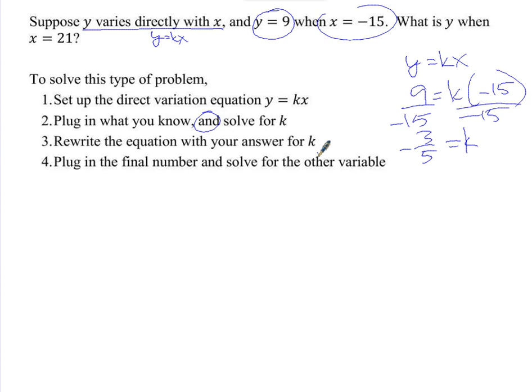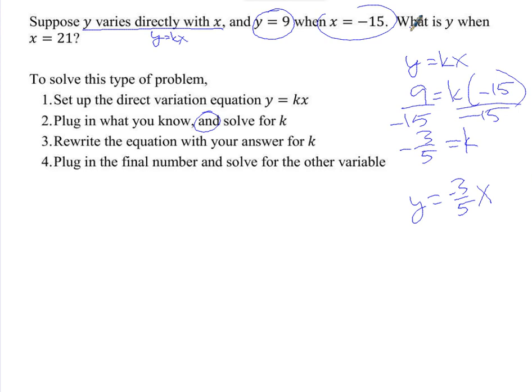Step 3, rewrite the equation with your answer for k. So I'm just starting over. I'm rewriting my equation, y equals kx, but now that I know what k is, I can write it. Y equals negative 3/5 times x. Step 4, plug in the final number and solve for the other variable.